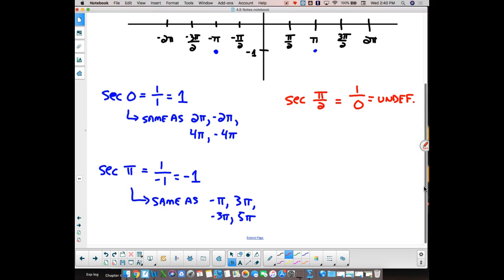Okay. So that's going to be the same as, so pi over 2 would be like what? Negative 3 pi over 2. Need some more.